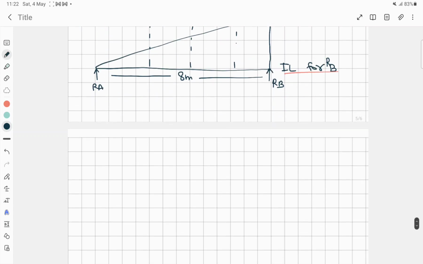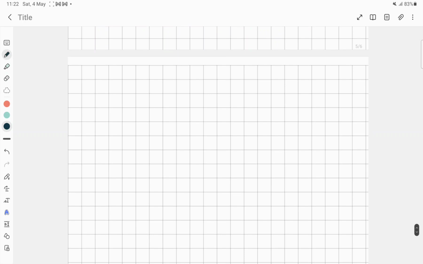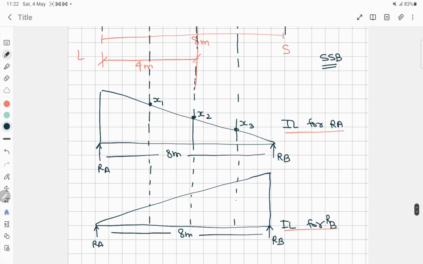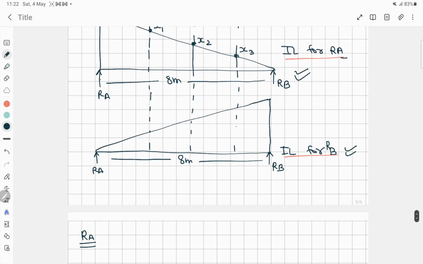As we all know what the similar triangle method is, right? So now for RA we'll find those values. When we are finding for RA we have to see this diagram, and when we are finding for RB we have to look into this diagram. So first we'll solve for this.